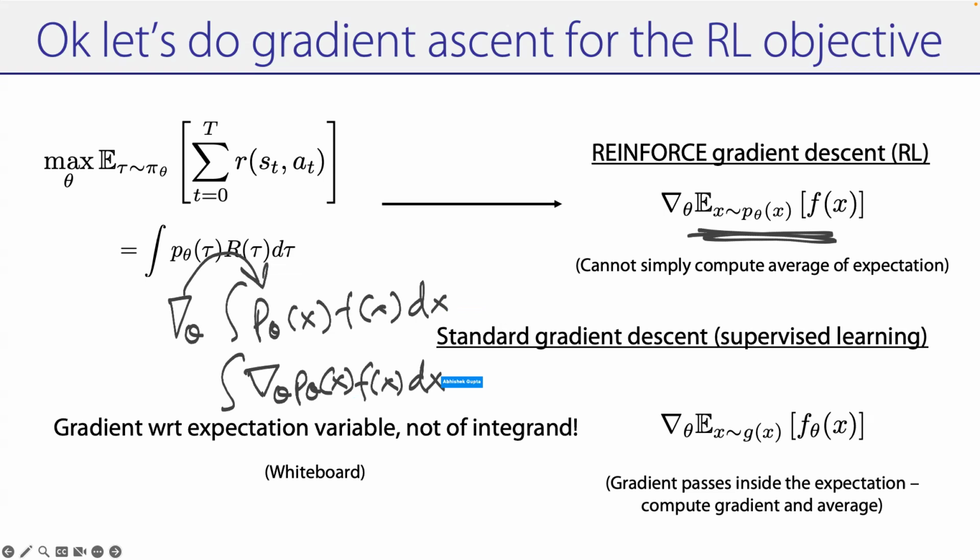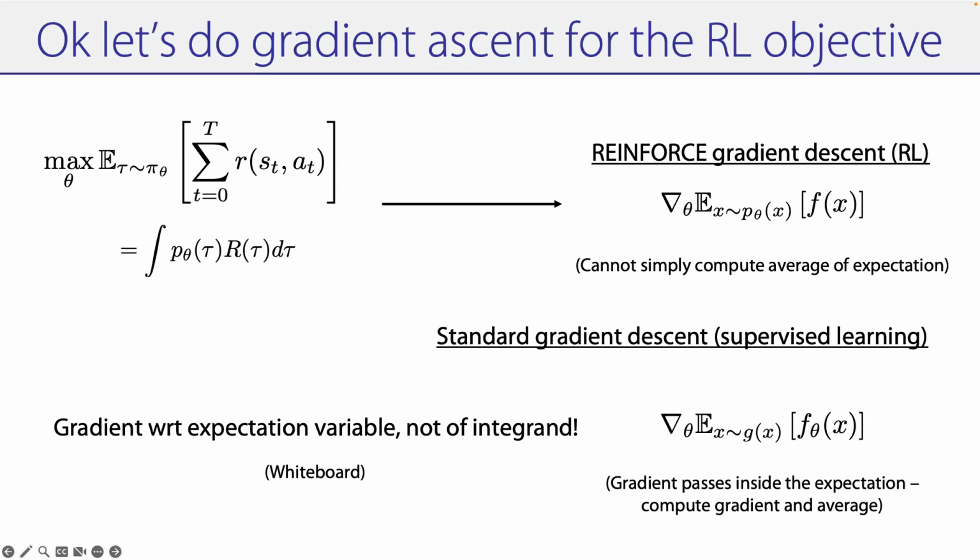Now the problem with this expression is that it is no longer an expectation, right? There's no probability. It is only a gradient of a probability density function. And if it's not an expectation, then it's hard to compute. And so that's why it's not so trivial to do policy gradient, right?